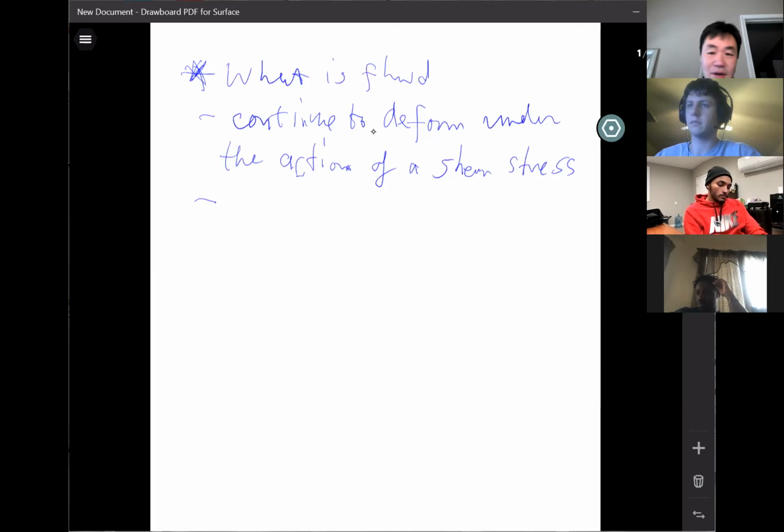Look at the definition here: continues to deform under the action of the shear stress. So gravity acts as a shear stress in this case, parallel to the glass wall. So the glass deforms, although it takes hundreds of years.